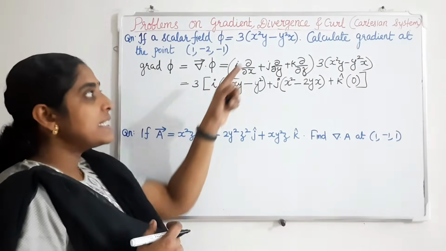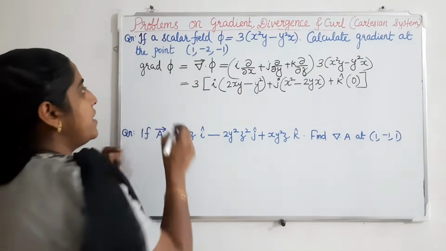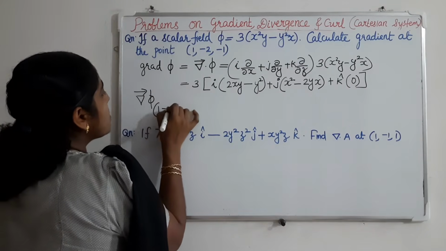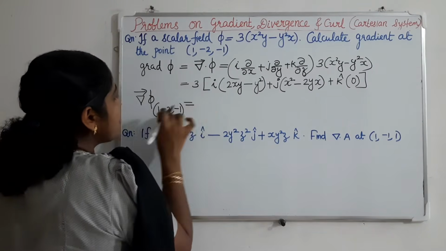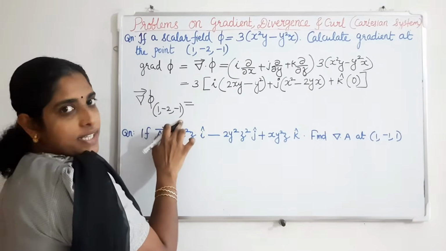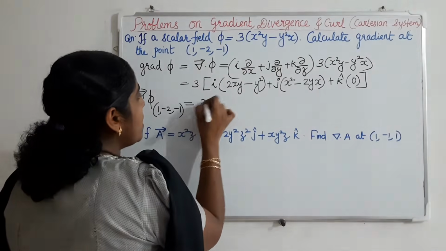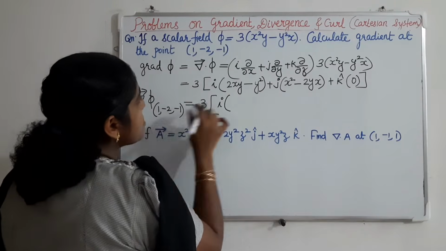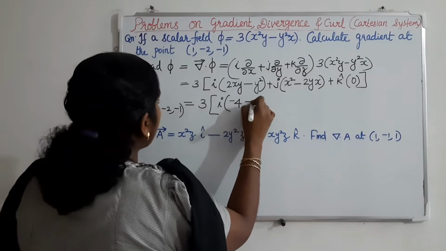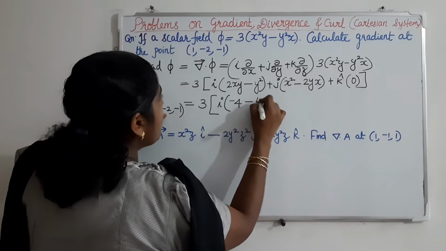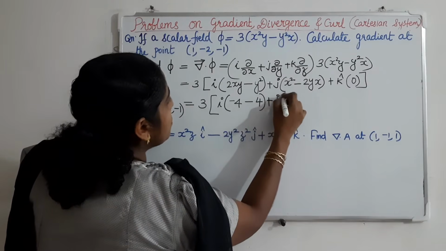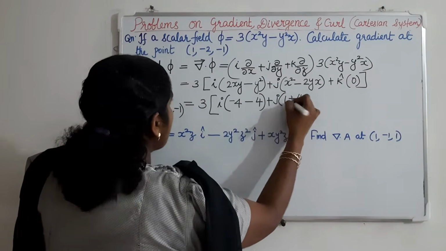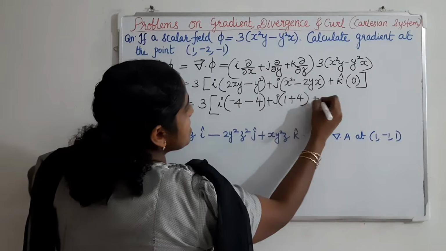Now we have to calculate this gradient at the given point, that is, del phi at the point (1, −2, −1). For that, substitute x as 1, y as −2, z as −1. So 3 into i into 2xy, which is −4, minus y², which is 4, plus j into x², which is 1, minus 2yx, so plus 4, plus 0.